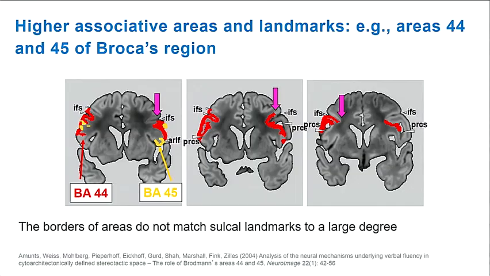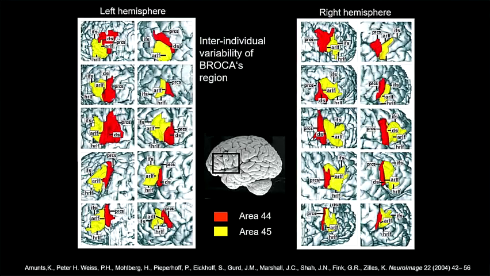But the border is varying, and this depends, for instance, on the level, on the number of the coronal section which is identified, and in addition, it also varies between brains, but also between the different hemispheres.